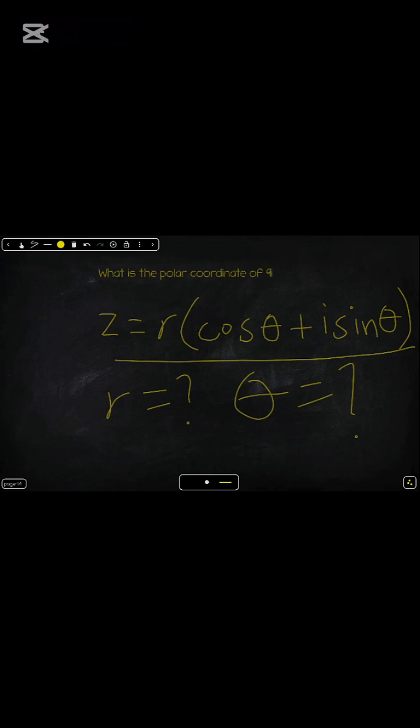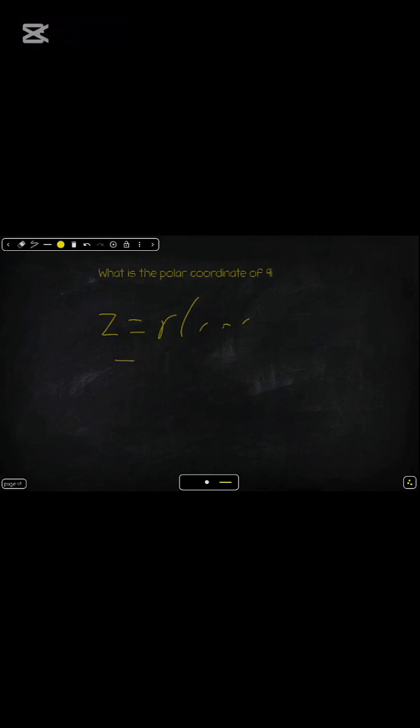So how do we find our r? Our r is simply found with the formula r is equal to root of a squared plus b squared, usually when the complex number is in the form a plus bi.